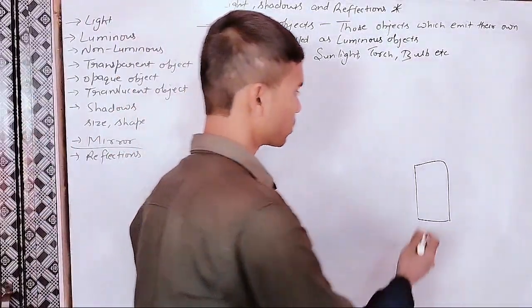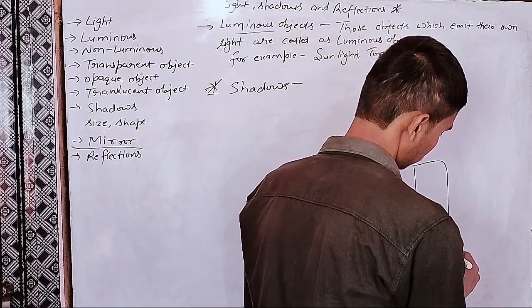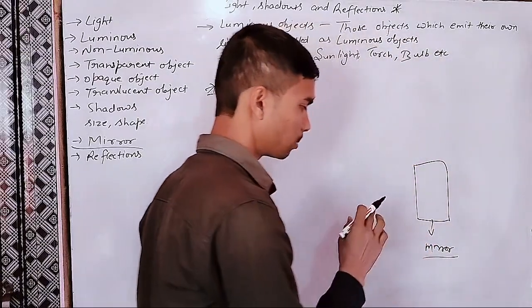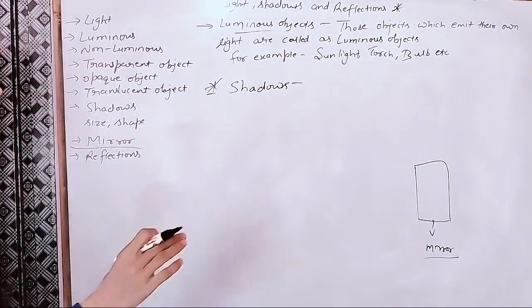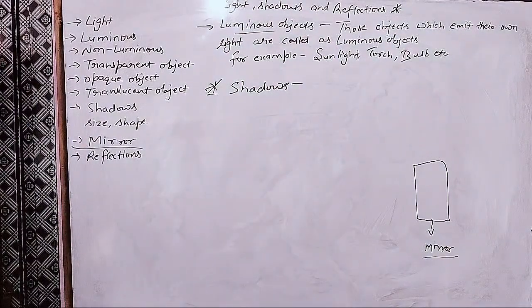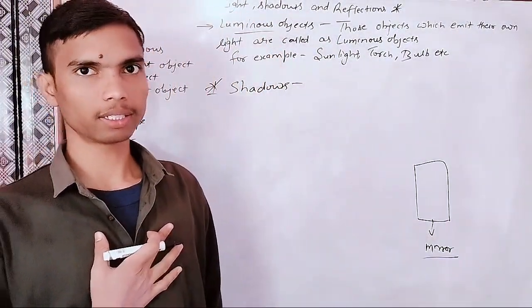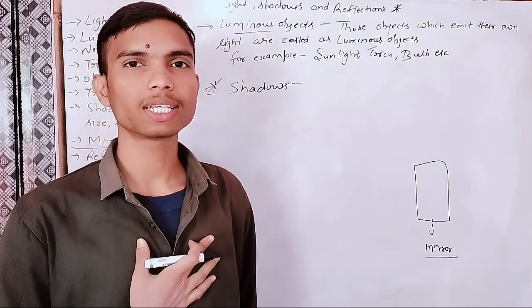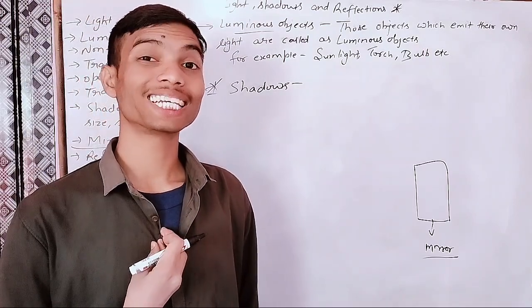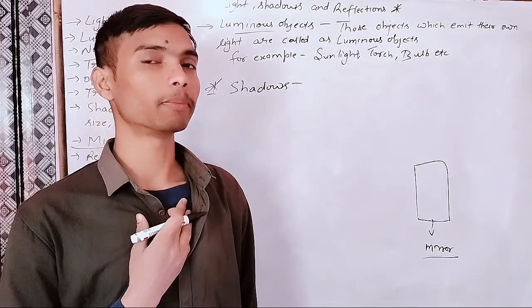So this is a plane mirror. This is a plane, a smooth surface. Clear? We see our image inside a plane mirror.